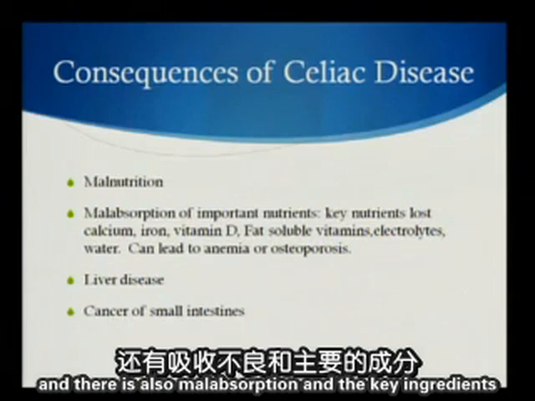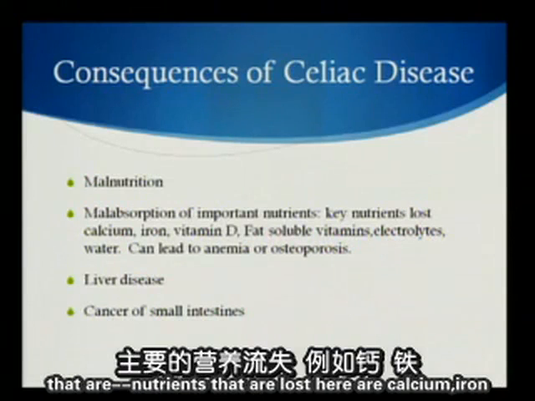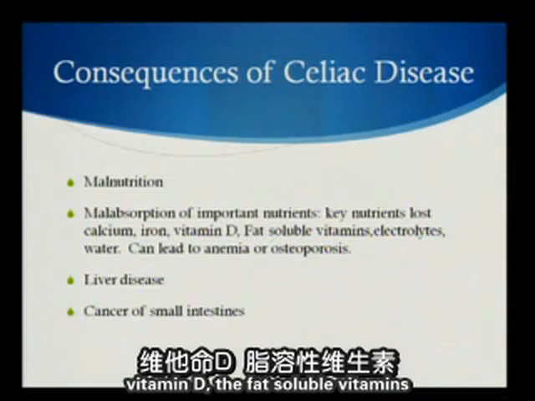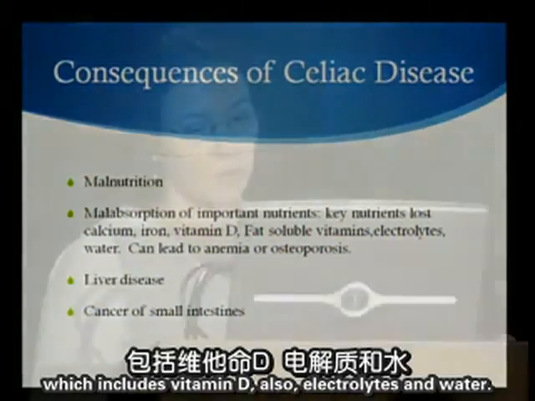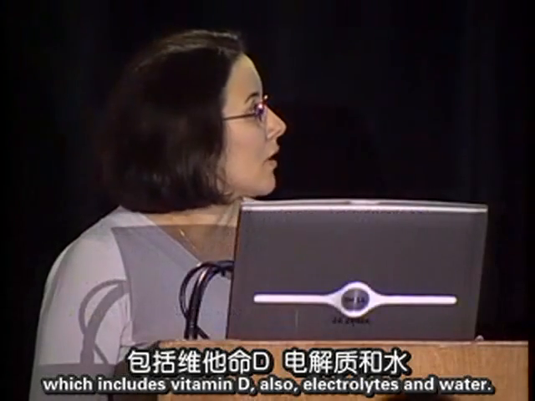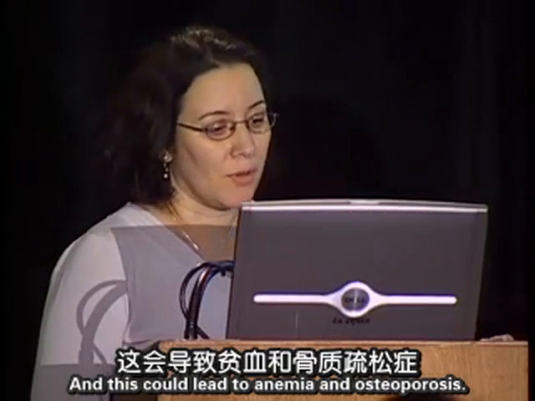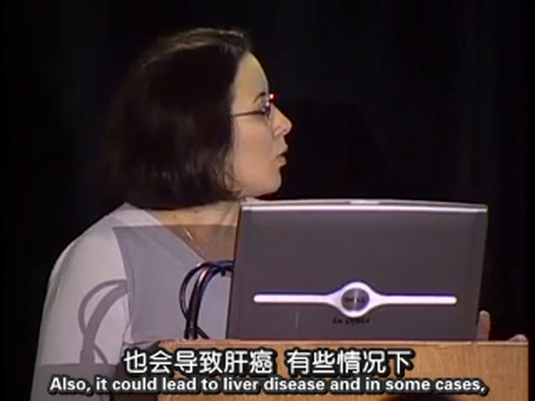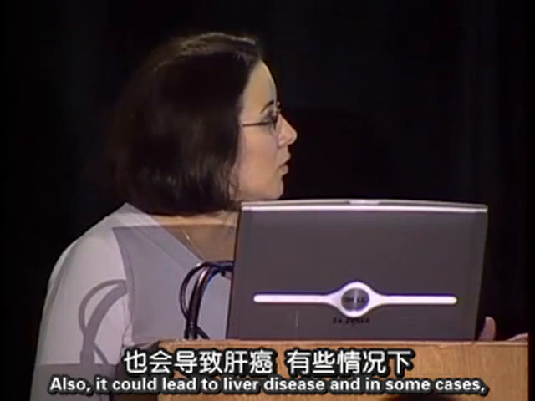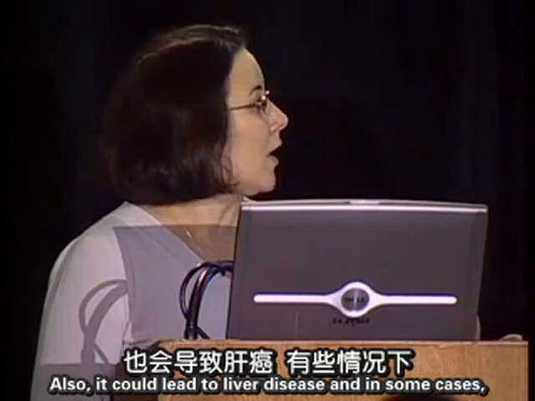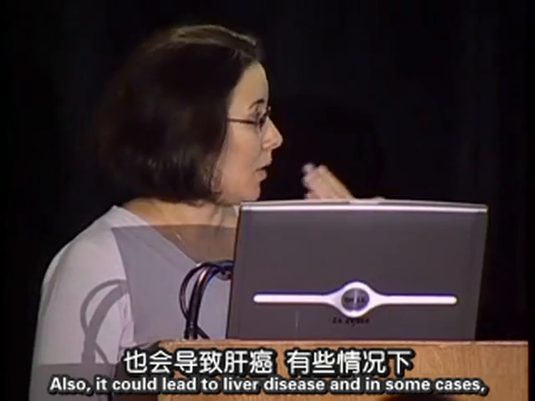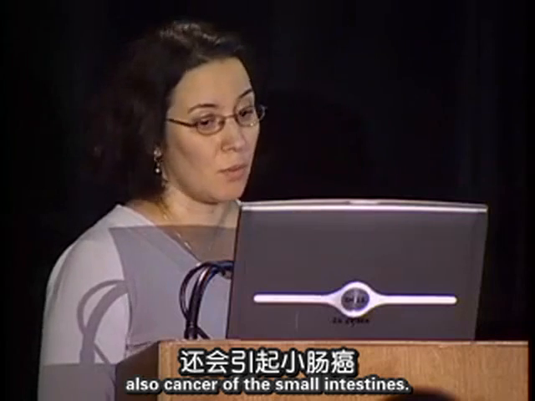The key nutrients that are lost here are calcium, iron, vitamin D, the fat-soluble vitamins, also electrolytes and water. And this could lead to anemia and osteoporosis. Also, it could lead to liver disease, and in some cases also cancer of the small intestines.